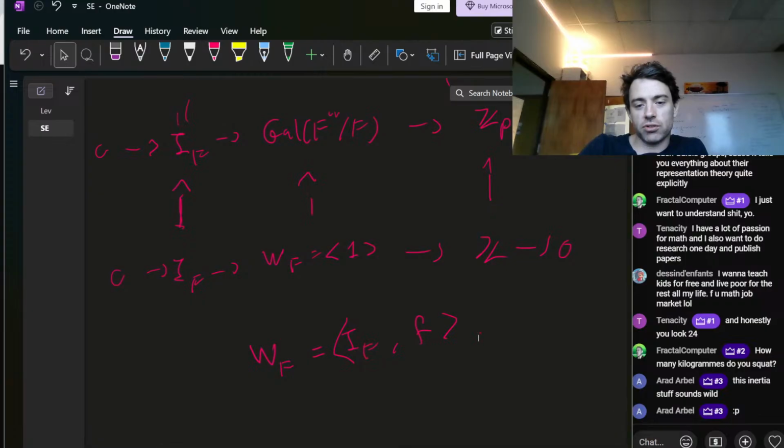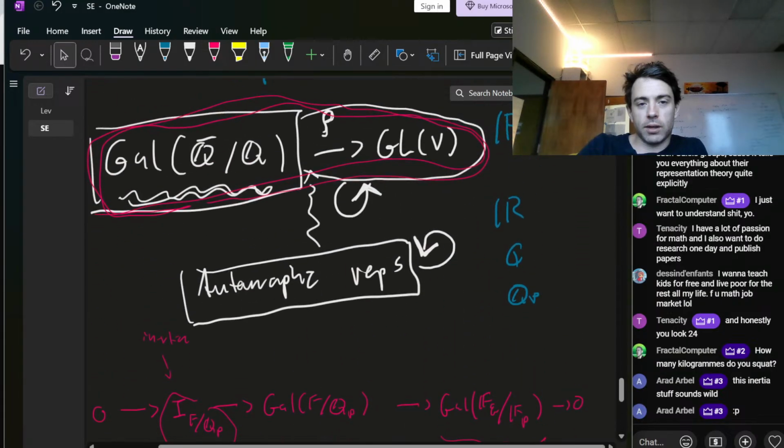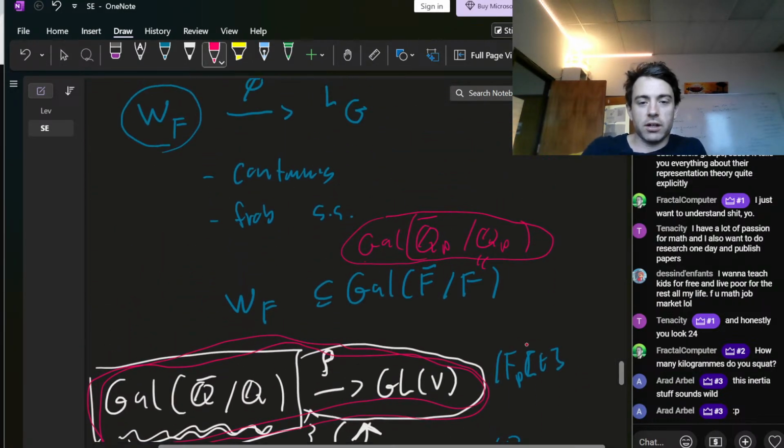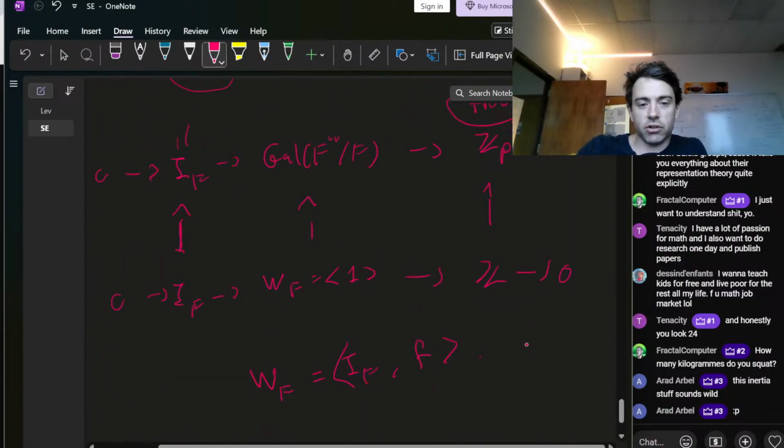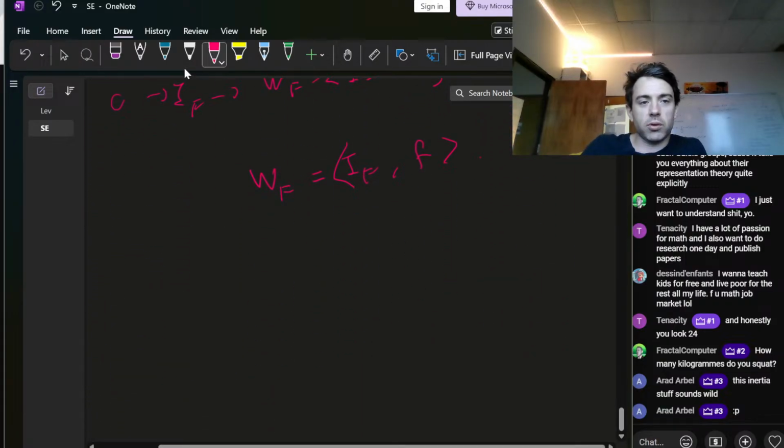So maybe this isn't so helpful, but okay, we're getting closer to, well, why is that right? On the global side, you would think, oh, we're looking at Galois representations. On the local side, you'd think, well, shouldn't we also be looking at Galois representations? Well, it turns out, here's maybe a more enlightening fact.